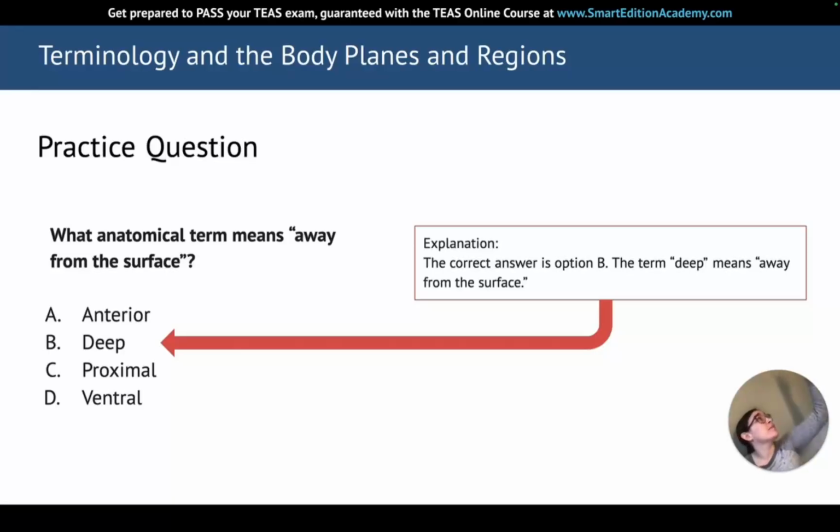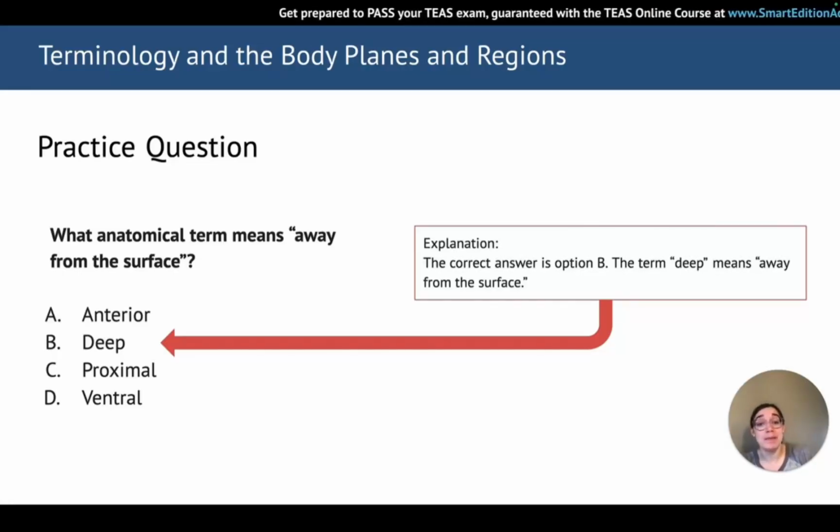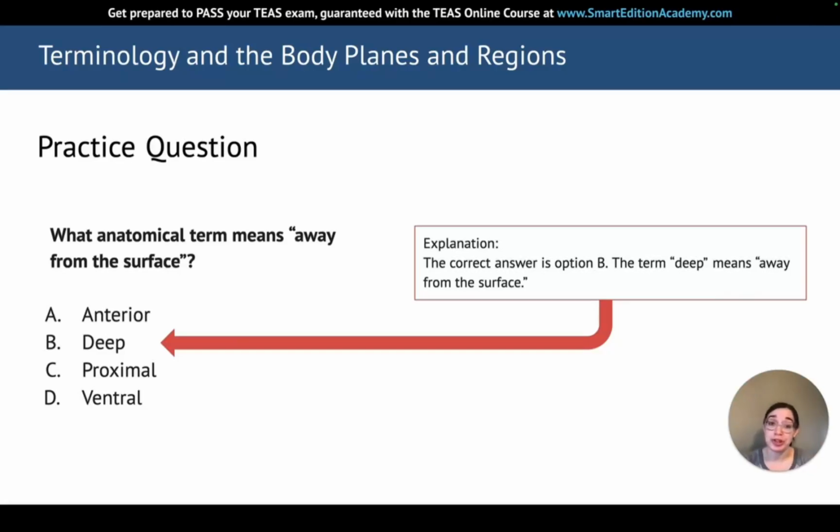In the same way, when we're talking about a structure in the body being deep, we're talking about it being away from the surface of the body, the skin, and much closer to the inner parts of the body. So hopefully that helps that term stick in your heads a little bit better.